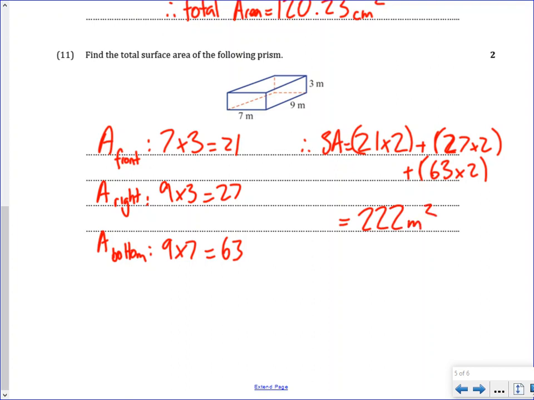I'll just double check that. Yes, 222 meters squared. Again, this is surface area, so therefore it's meters squared. Don't get tricked into thinking because it's a 3D shape, therefore it needs to be meters cubed. You're right, it is a 3D shape, but we're not trying to find a 3D measurement. We're trying to find a 2D measurement on the 3D shape.